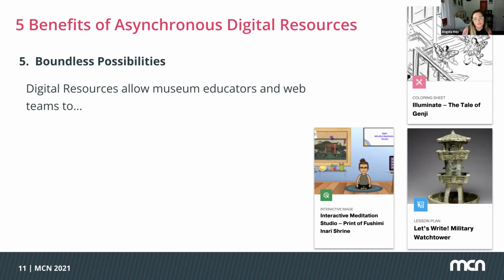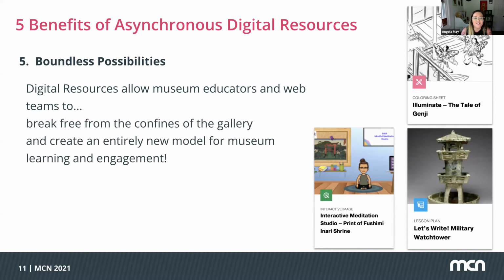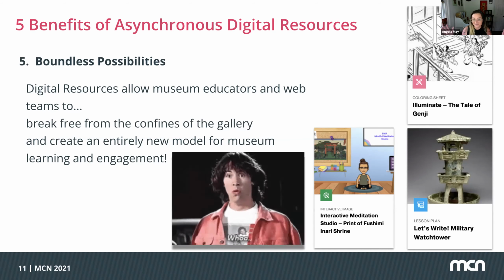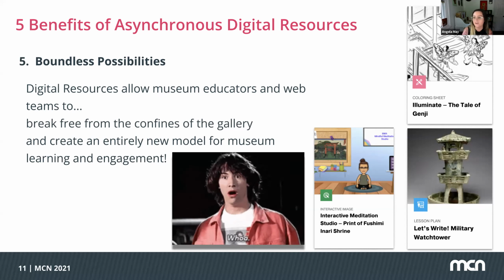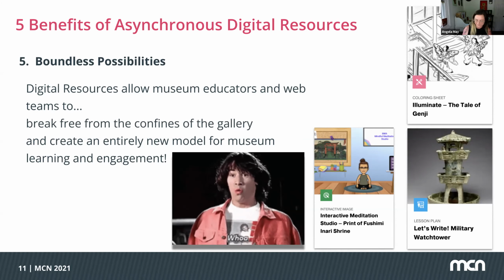So digital resources allow museum educators and web teams to break free from the confines of the gallery and create an entirely new model for museum learning and engagement. So we're going to look at some of these ways that we can create new models.